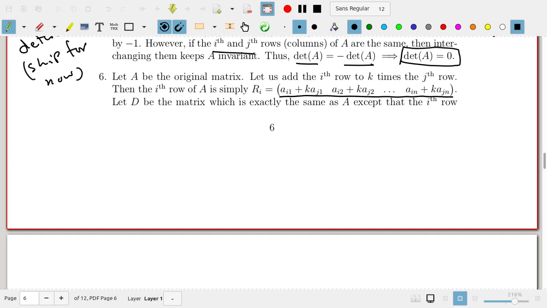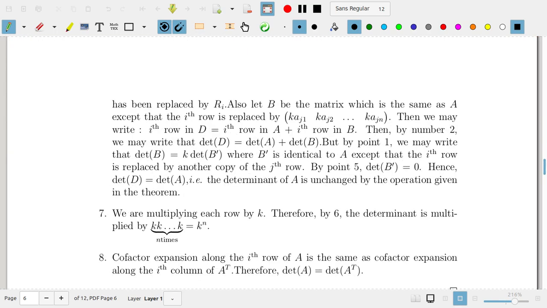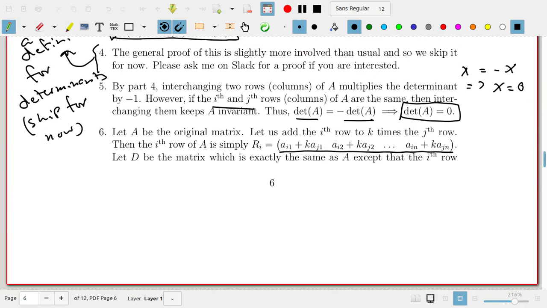So now let D be the matrix which is exactly the same as A, except that the ith row has been replaced by Ri. So D is the same as the original matrix A, except that the ith row of D is exactly this.